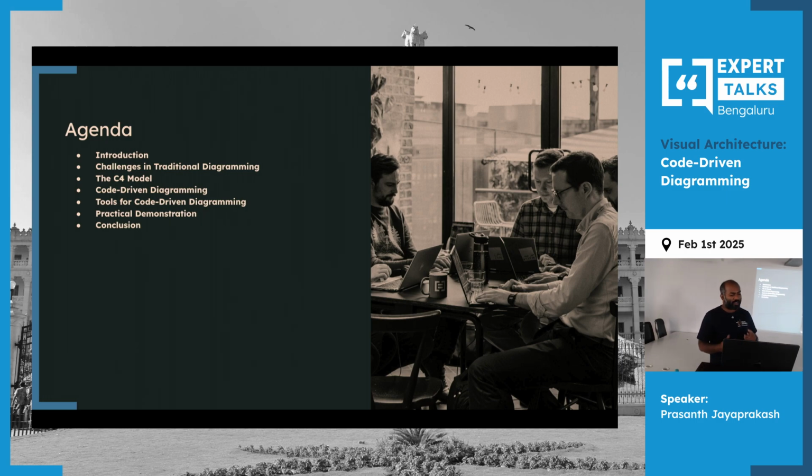We are going to talk a little bit about that, the challenges in the usual traditional diagramming and architectures. And then I'm going to introduce something new. I don't know how many of you have heard about it, the C4 model. It's a way of architecting your systems. I'm going to introduce that to you folks, and then from that we will go into code-driven diagramming, like how you can actually code a diagram.